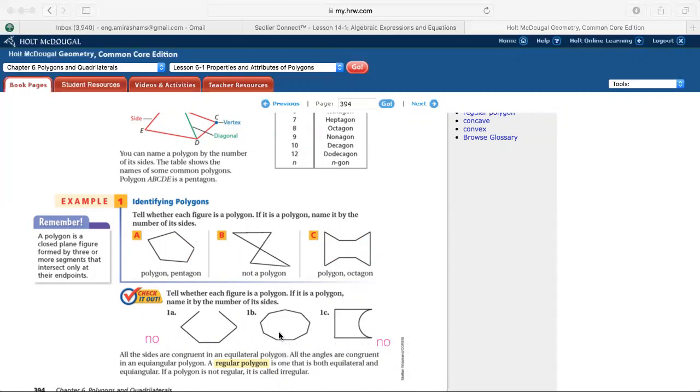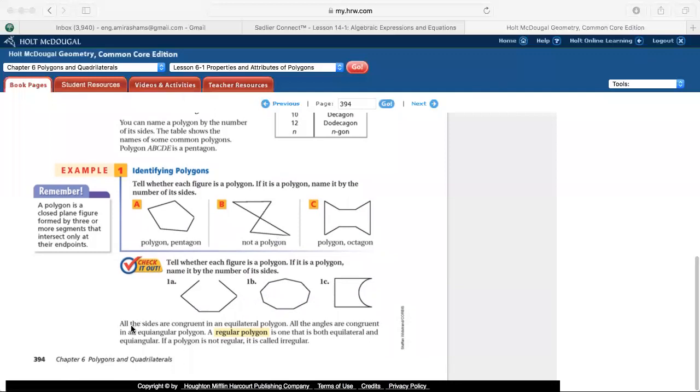This one in the middle is yes, and its name is, let's count, 1, 2, 3, 4, 5, 6, 7, 8, 9. 9 is called a nonagon. Okay, girls?